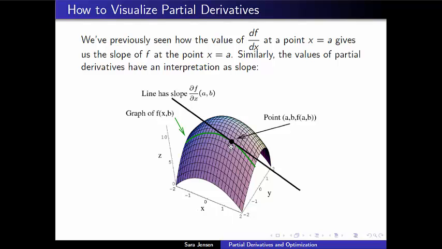Similarly, if we were to look at the partial derivative of the function f with respect to y, evaluated at this same point (a, b), what we would obtain is a slope value which indicates the slope of the tangent line running in this direction, if the x is staying constant and the y is allowed to change.